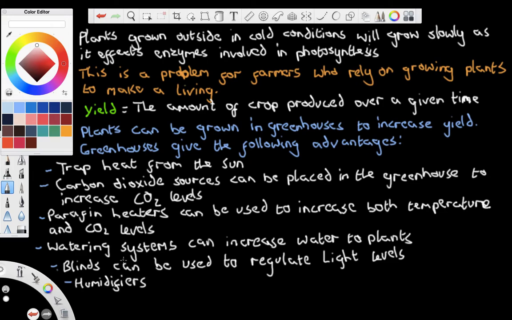Humidifiers can add moisture or water to the air, which is good for plants. And finally, greenhouses protect the plants from being eaten.